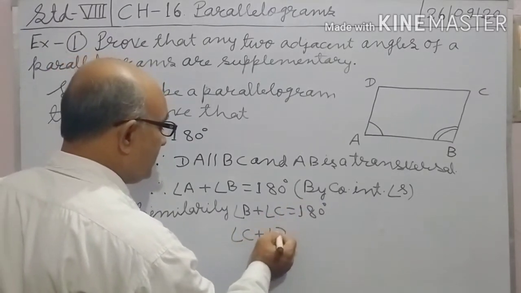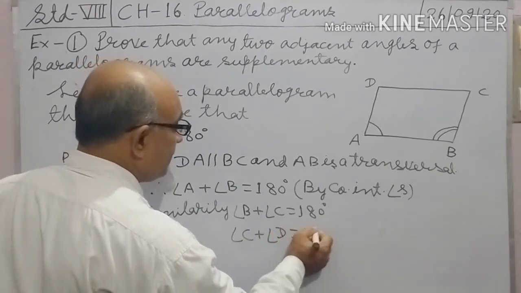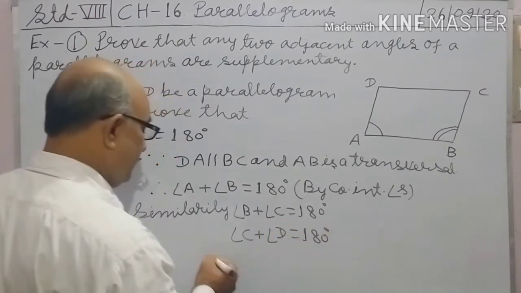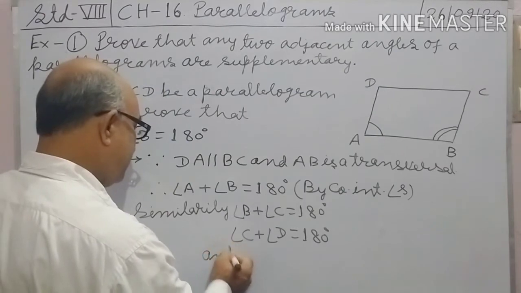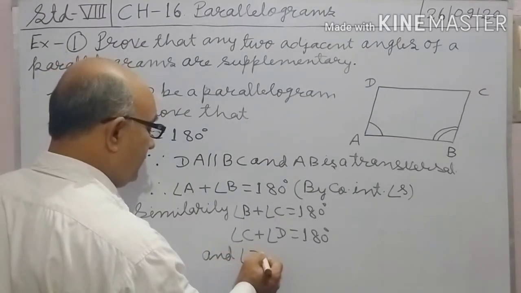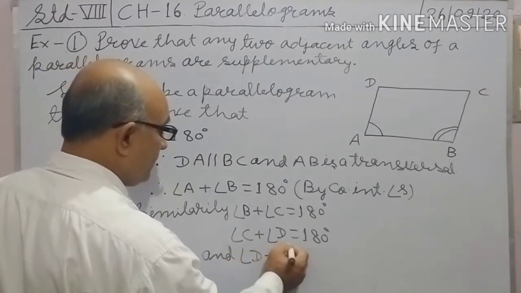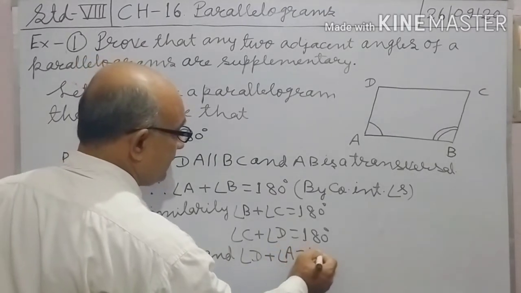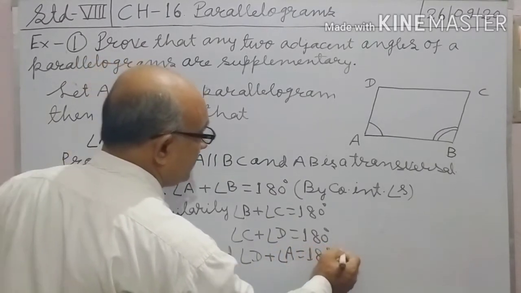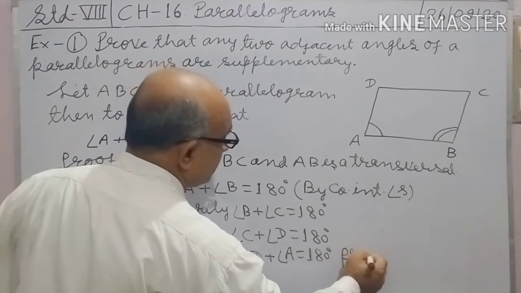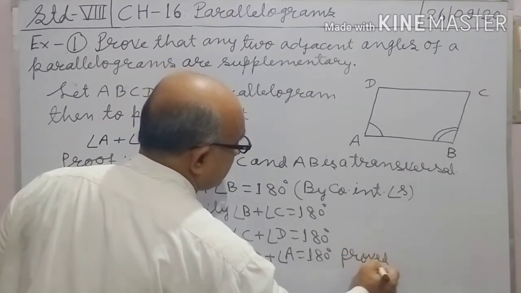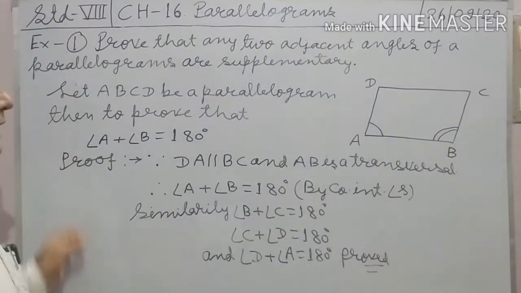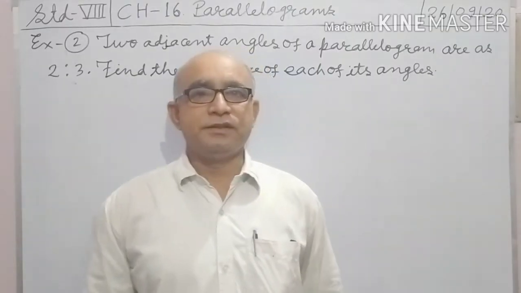Angle C plus angle D equal to 180 degree, and angle D plus angle A equal to 180 degree. Hence proved. Understand and write it.